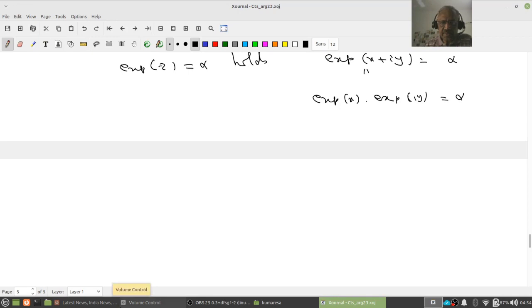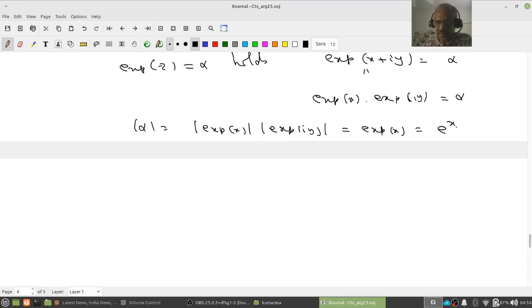But this tells me, therefore, what is mod alpha? Mod alpha is the modulus of exponential of x into the modulus of exponential of iy. Remember, y is a real number, therefore it's exponential of x, because exponential of x is also positive. And this is, by standard calculus notation, e power x, if you are uncomfortable with that.